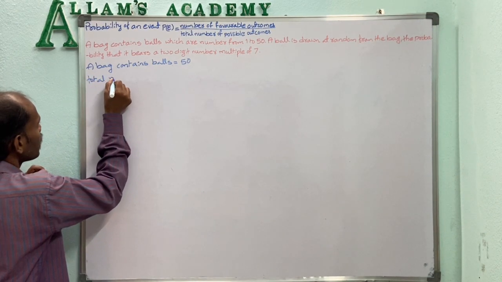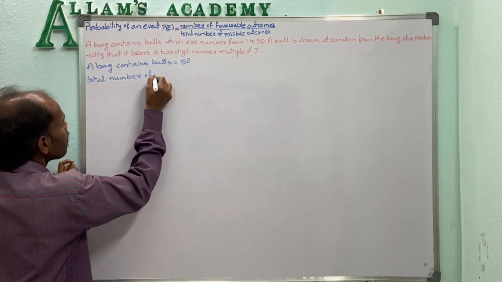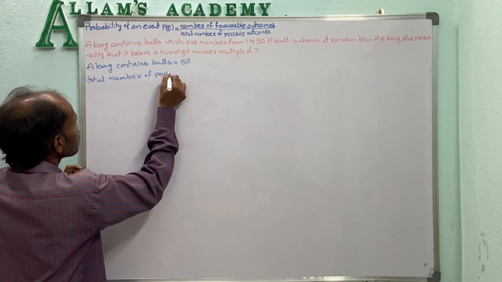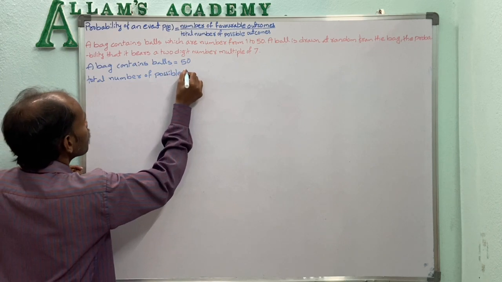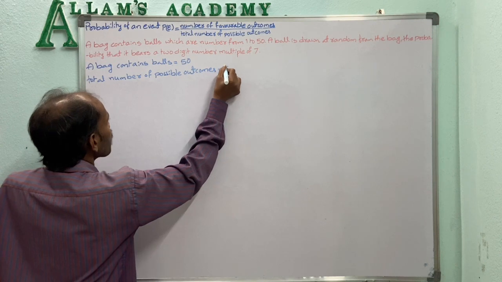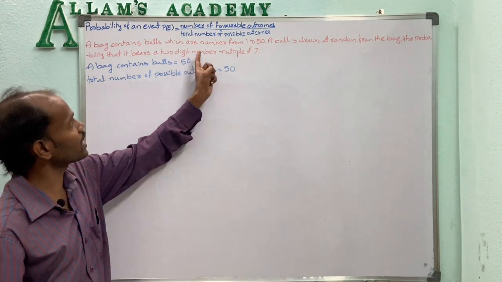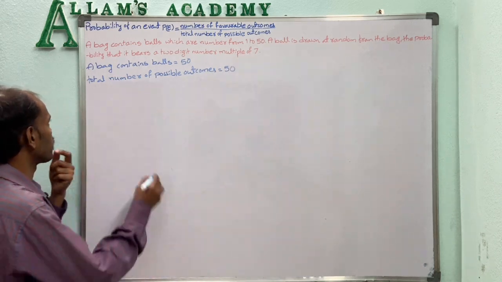So the total number of possible outcomes are 50. Now it is asked for a 2-digit number that is a multiple of 7.